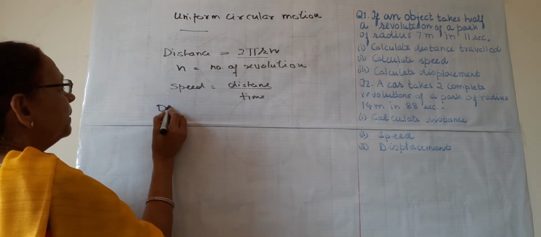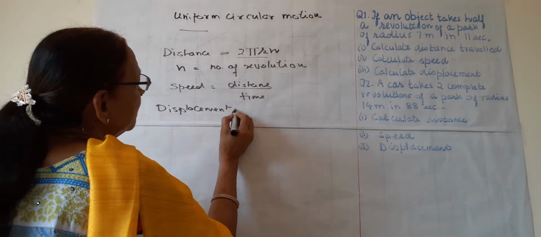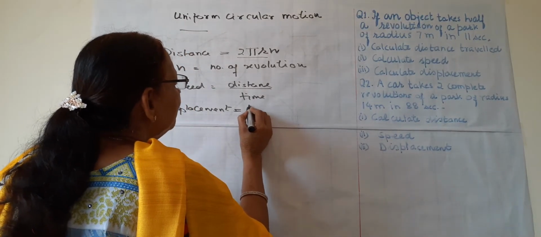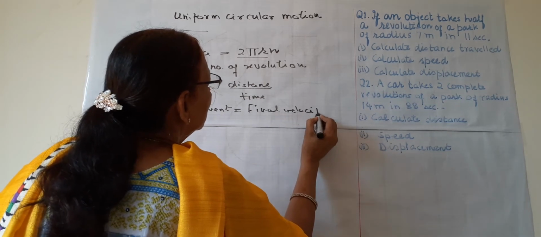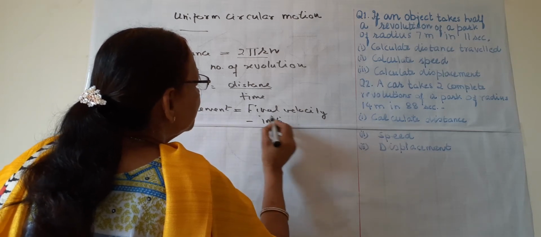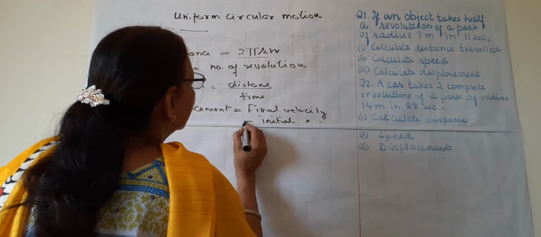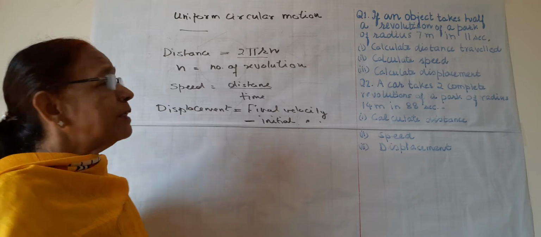Now displacement, all of you know, is final position minus initial position. The final position and initial position, this subtraction will give us displacement.